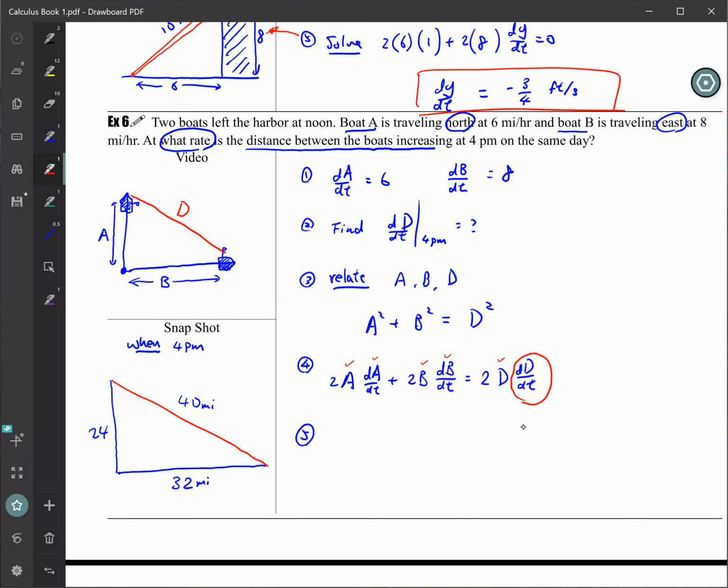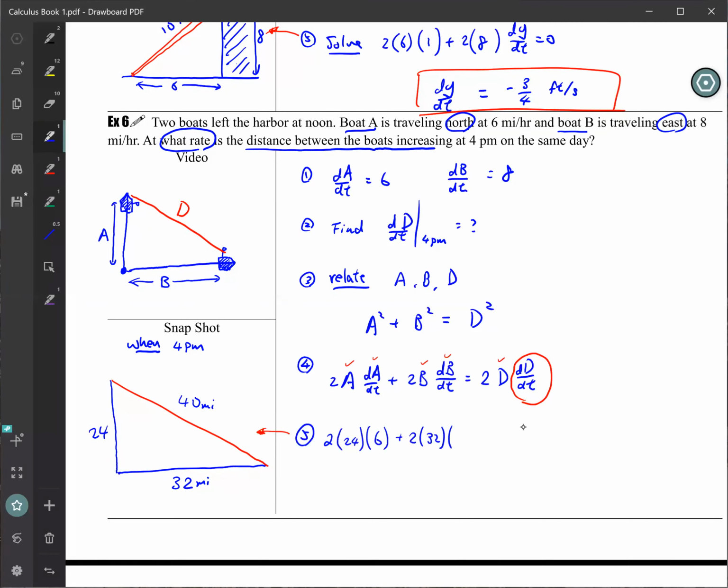Okay, and step 5 is the moment you look at the snapshot to fill in the numbers. So fill in everything. 2a, a is 24 at that moment, 4 o'clock, and then that will be 6. And then 32. Okay, if you finish the final answer, please raise your hand.